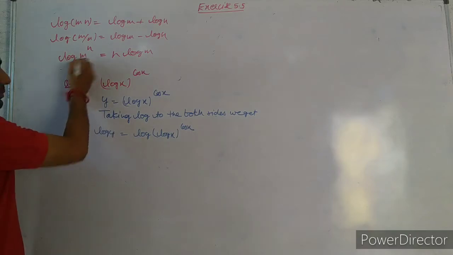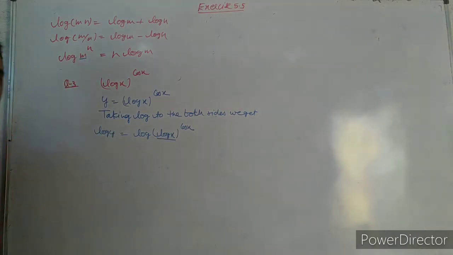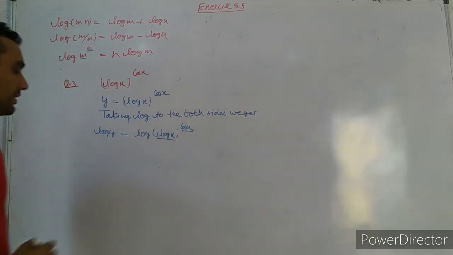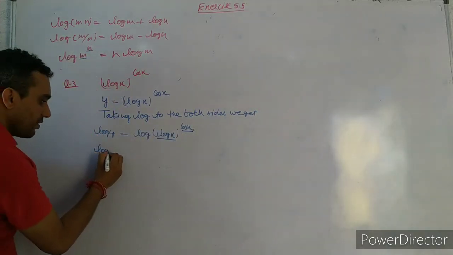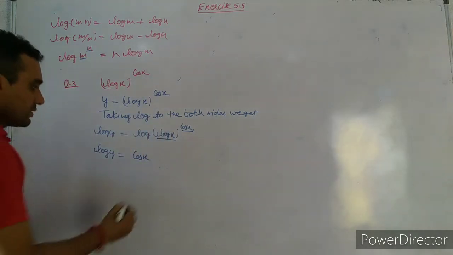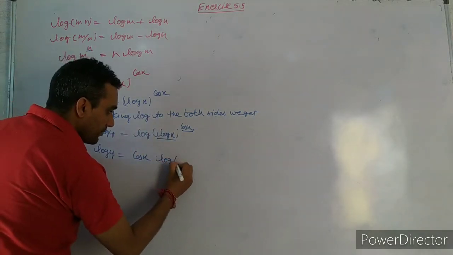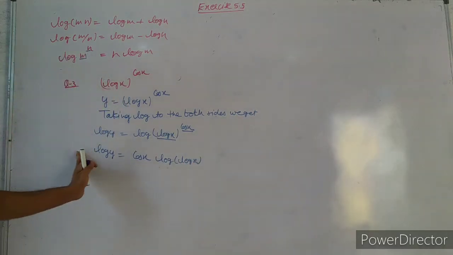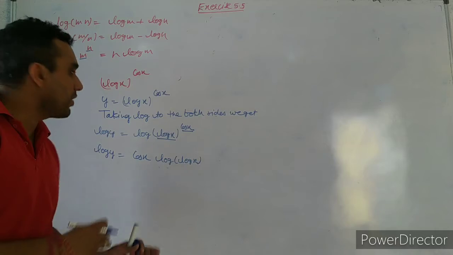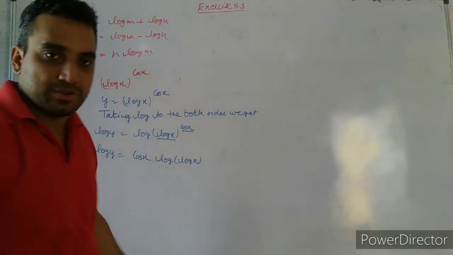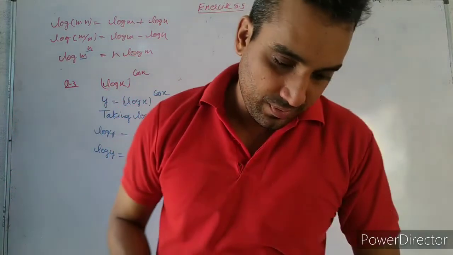Here in place of m I have complete log x, and in place of n I have cos x. So we can write it as log y equals cos x, which moves in front, times log x. Okay, cos x log x. Now from here you can easily differentiate this question and match your answer. So this is for your homework.